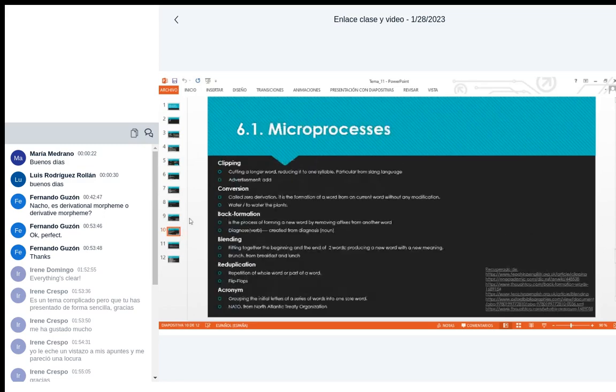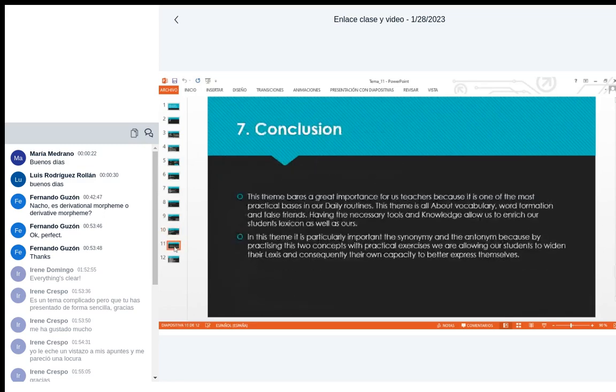Well, the micro processes we have already seen, and finally the conclusion. We arrived at the end of this theme, giving quite a lot of importance to making a difference between the antonymy and the synonymy process, and paying a lot of attention to the language economy rule.